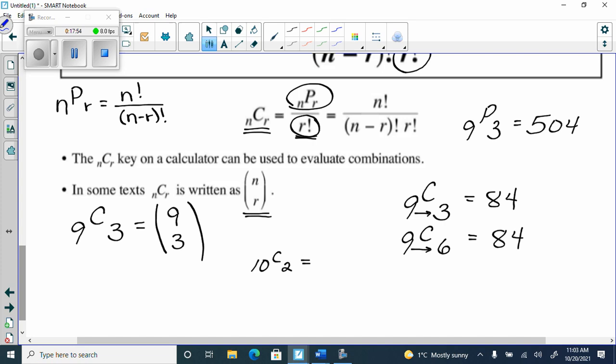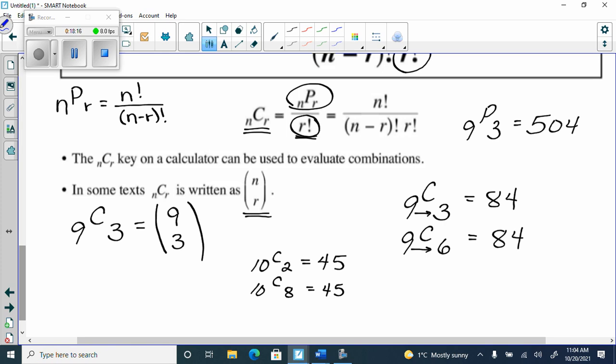So what if I gave you 10C2? Put that in your calculator. 10C2. Group of 10, and I'm just choosing 2. What'd you get? 10C what's going to equal 45 then? 8, because 10 minus 2 is 8.